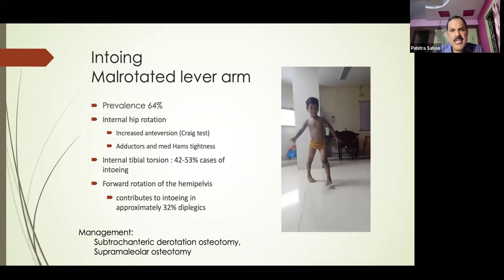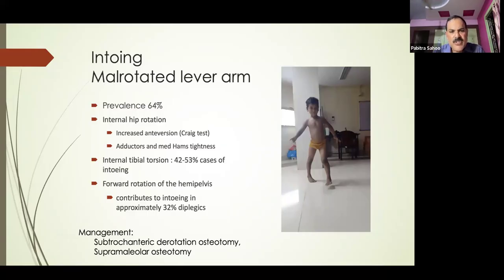But if the anteversion is not that severe, and the patient is still walking with an intoeing gait or internal rotation of the limb, then we have to check whether this is because of adductor tightness or medial hamstring tightness. By releasing these two structures by fractional lengthening, we can correct the internal rotation.